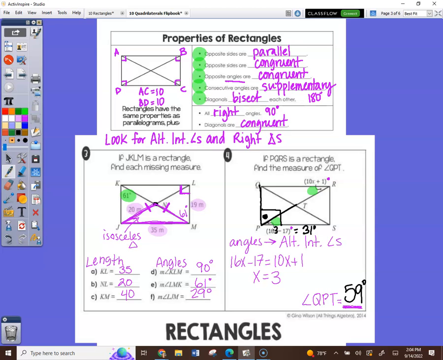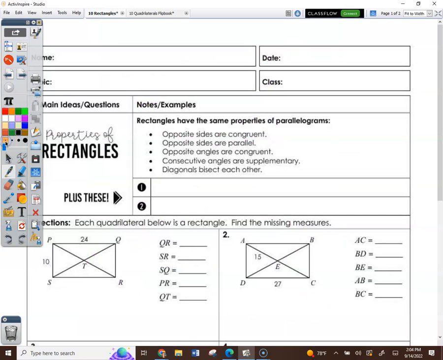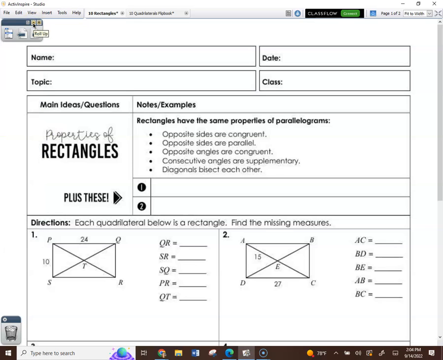Go to the rectangles paper. You will notice this is page 29, and it has copied all of the properties of a parallelogram on here for you.